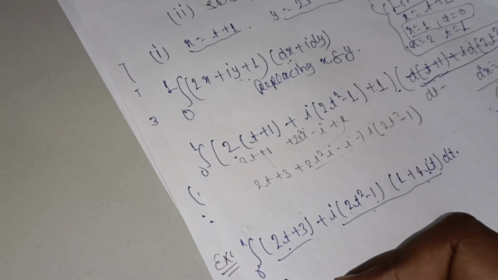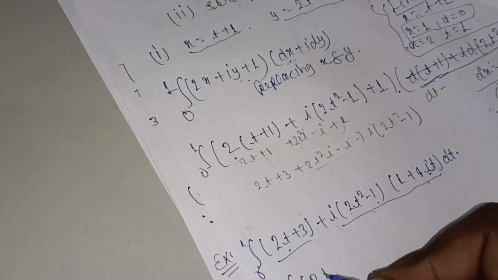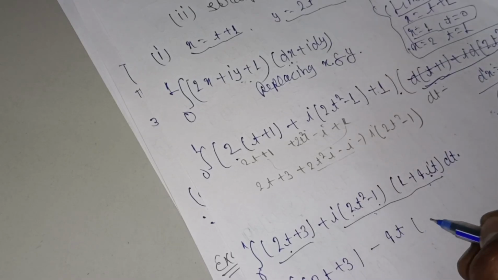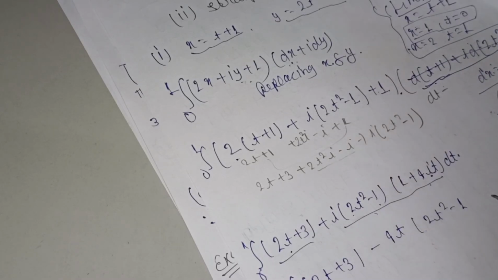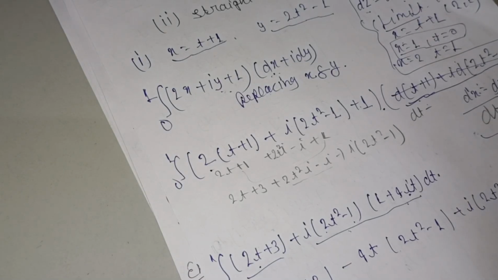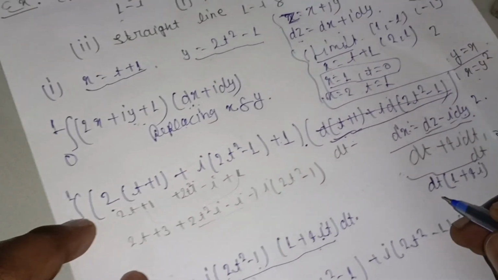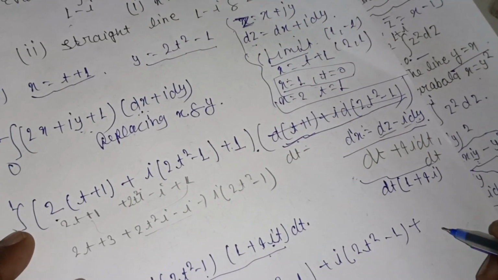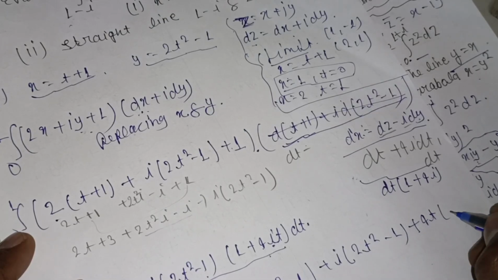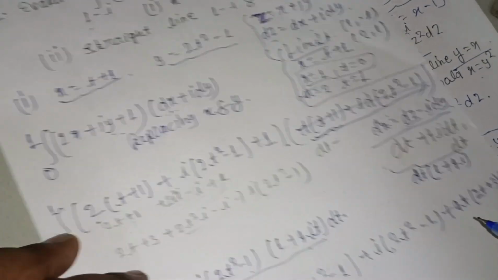So the final answer will look like 2t plus 3 minus 4t(2t square minus 1) and plus iota common, 2t square minus 1 plus 4t(2t plus 3) dt. Okay.